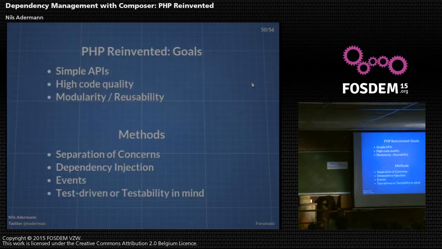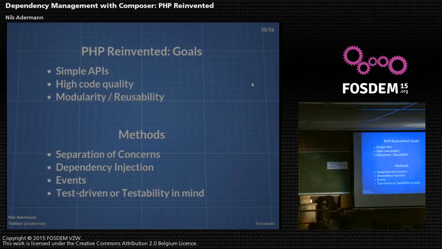All right, so let's get back to PHP reinvented. And I think there are a couple of goals that people had in PHP projects for a long time. This is making APIs simple and easily approachable, improving code quality, and having a large amount of modularity and reusability of individual components of the code. Some of the software engineering methods of achieving these are better separation of concerns.